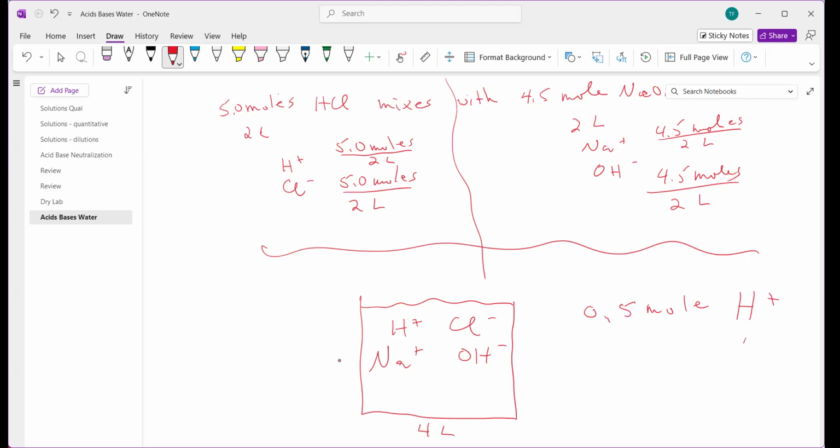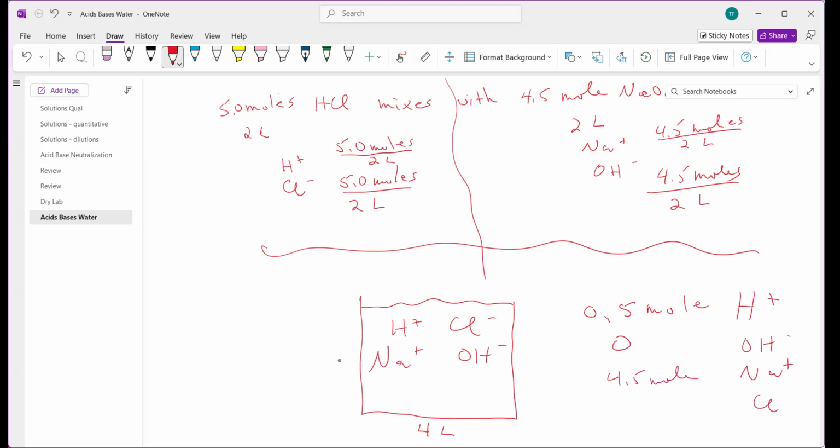How many moles of OH? Those are all used up. What about sodium? 4.5. And what's left over?